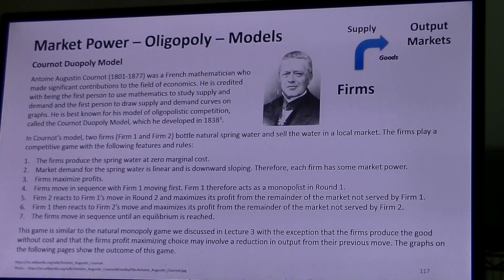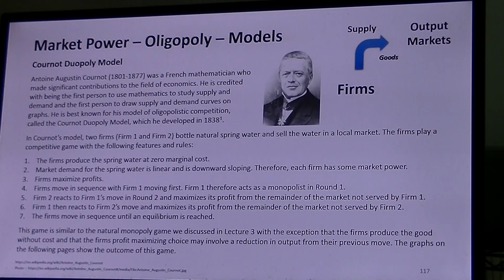In Cournot's duopoly model, there are two firms. We'll call them firm 1 and firm 2. Using his example, the two firms bottle natural spring water and sell the water in a local market. He developed this example because the firms essentially had zero marginal cost beyond the fixed cost.